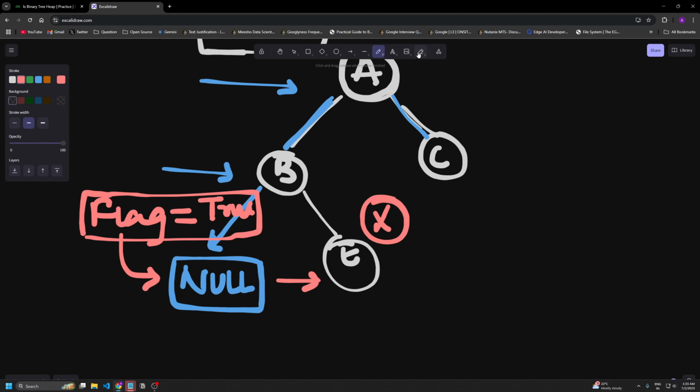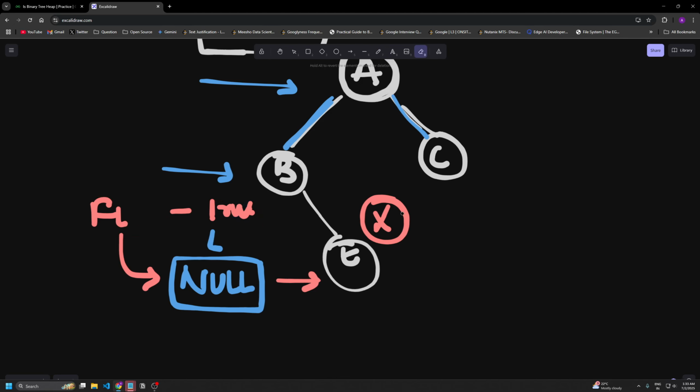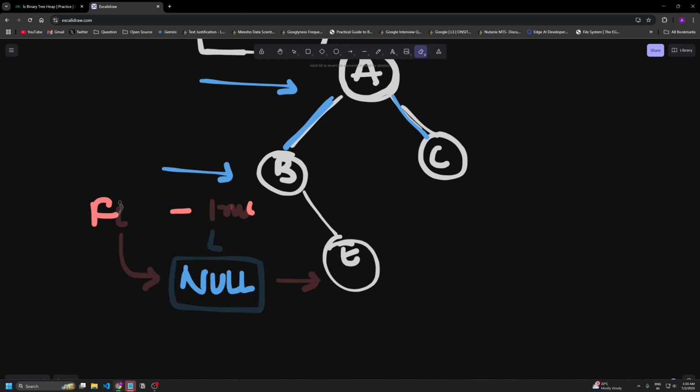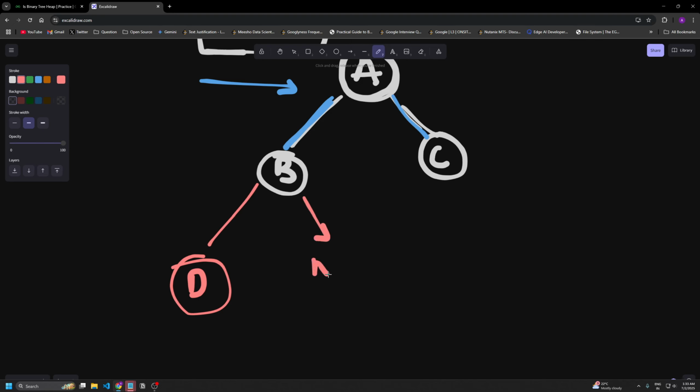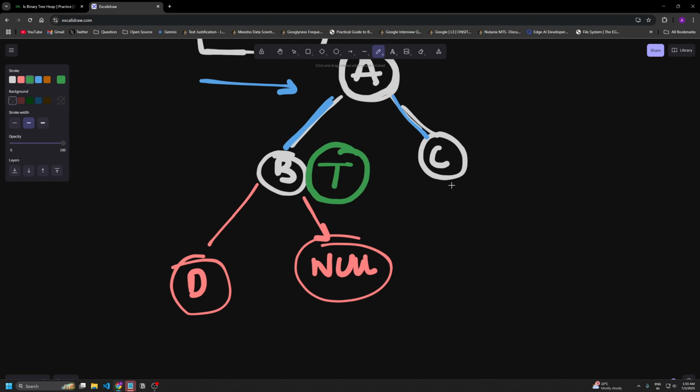Now let's say that in the given tree this thing was not present. Let me quickly erase it, right? Now let's say that there was some value over here, D, right? And here there will be a null. Now, as soon as we detect a null, we maintain a flag and we set that flag as true. Now, at any given point, if C has any element, we would have popped C and started visiting its children.